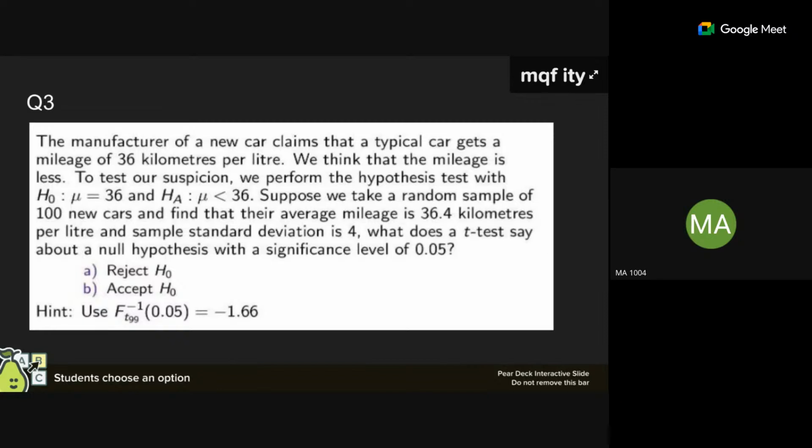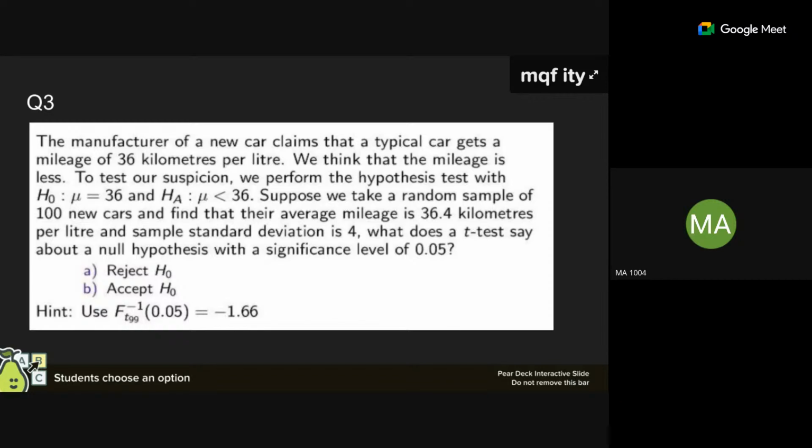So the claim by the new car manufacturer: let's say there is a launch of a new car, and the manufacturer says that the mileage is 36 kilometers per liter. So obviously people will not believe that claim, right? They have to test it. So someone said that no, 36 is too much, the mileage will be less than that.